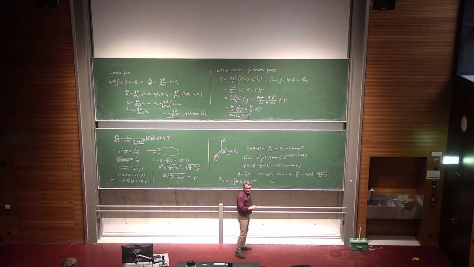Now let me introduce a new time coordinate. So I want this to be tau squared over 2. So I'm approximating tau is omega L t prime. What do I want there?